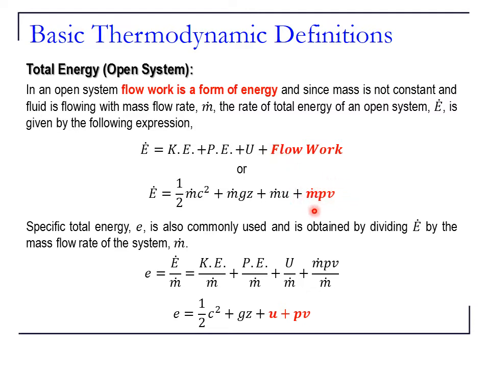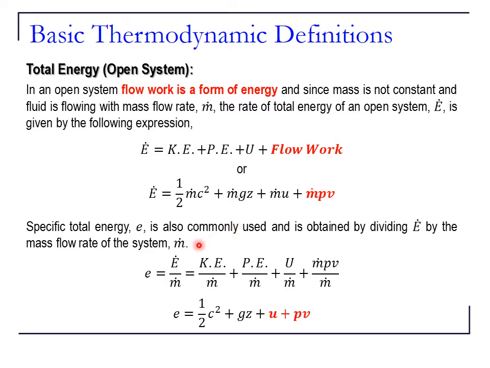So it's m dot times P times v, so that in an open system, the total energy of that system will have four components: kinetic energy, potential energy, internal energy, and the flow work.